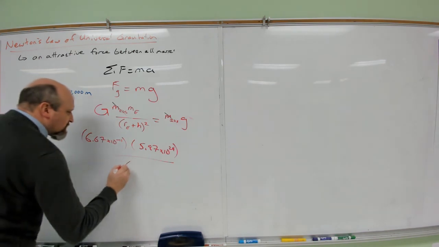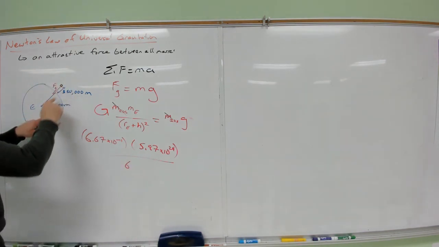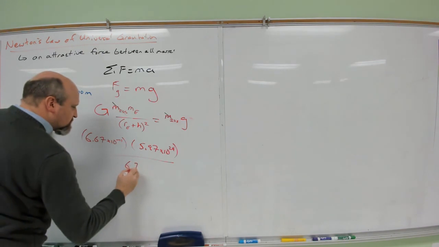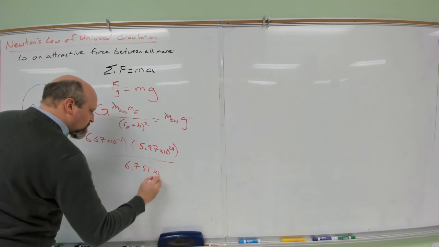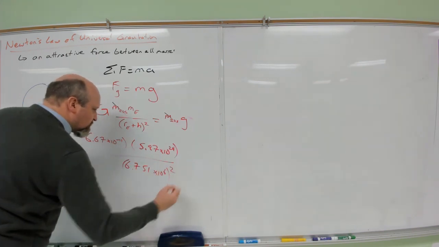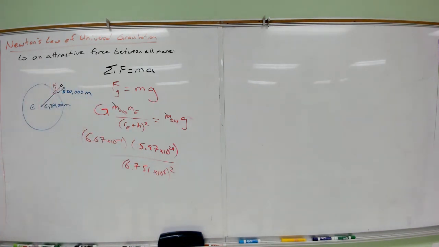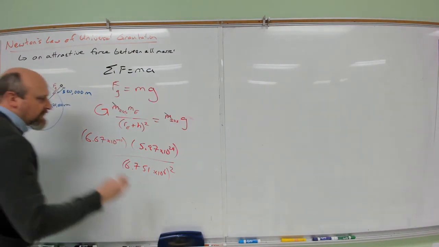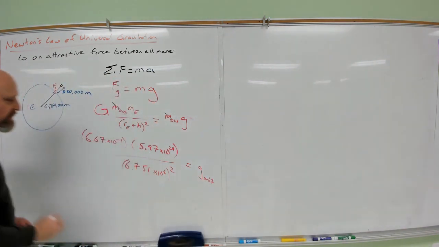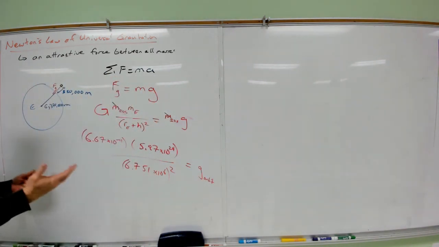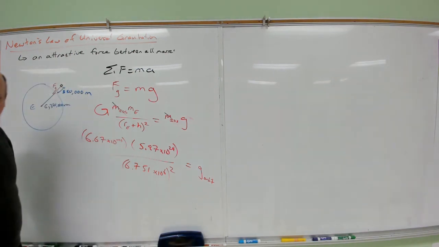Sure. That's 6,751,000, or 6.751 times 10 to the 6th, and I'm going to square that. That's going to be the value for g at that point in orbit, where the ISS is. So if we go ahead and punch that in the calculator.